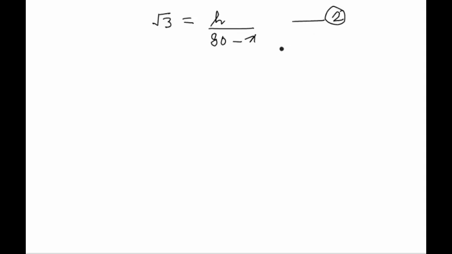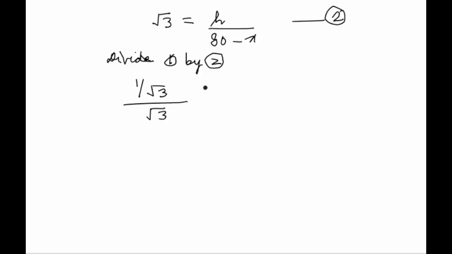We have two equations in terms of two variables, h and x. We can start with dividing equation 1 by 2. We get 1 by root 3, which is the LHS of the first equation, divided by the LHS of the second equation, is equal to h by x divided by h by 80 minus x.